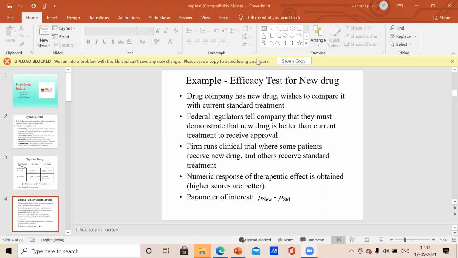When the level is 1%, alpha is 0.01. When the level is 10%, alpha is 0.1. So on this basis, there are three commonly used levels of significance.